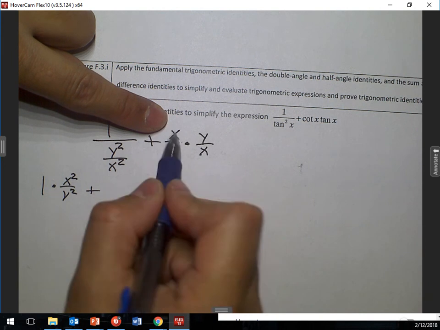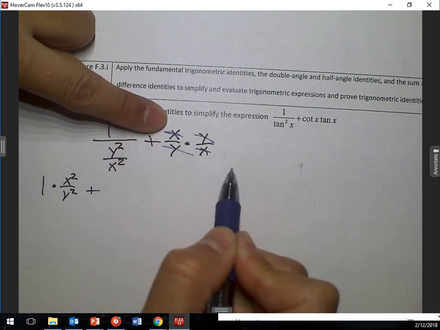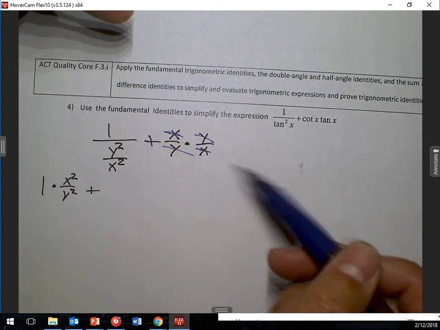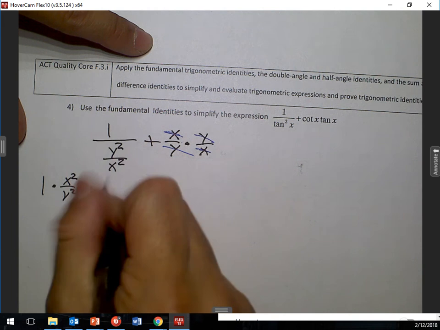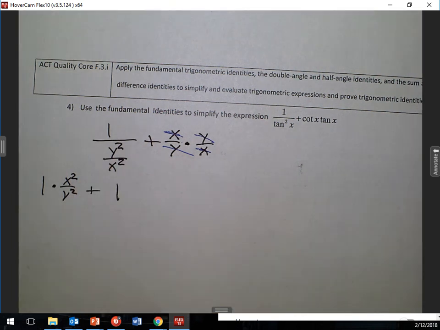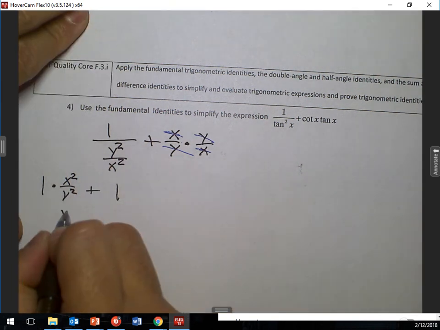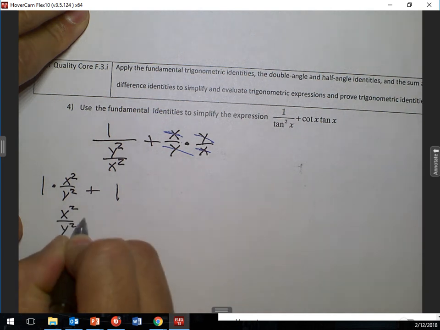They cancel. What's going to happen to the y's? They cancel, right? Because I have them on top and bottom. What happens if I cancel everything? I get 1. So this is going to be cotangent squared plus x squared over y squared plus 1.